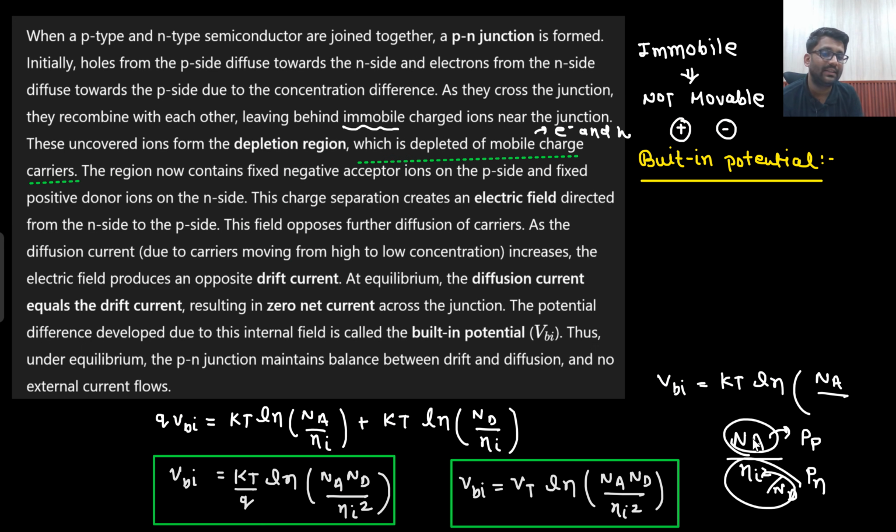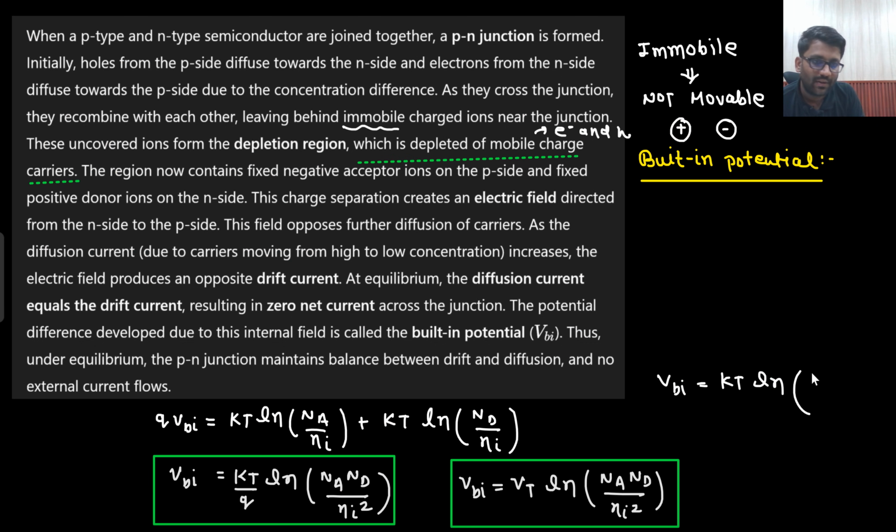So can I represent Na as the hole concentration at P side under equilibrium, divided by, what is Ni square by Nd? It is nothing but the hole concentration in N side under equilibrium. And I told you, higher concentration divided by lower concentration.